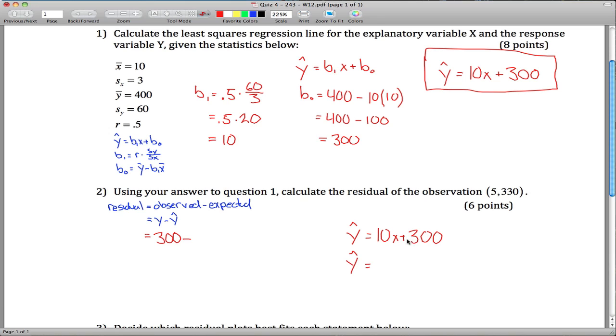So when x equals 5, we got 10 times 5 plus 300, which is 350. So our residual is 330 minus 350, which is negative 20. And that's the answer to number 2.